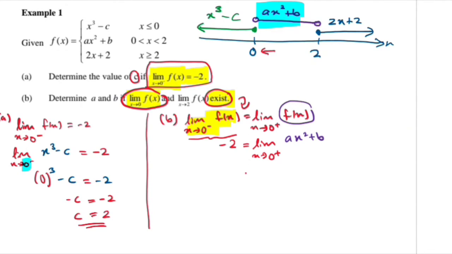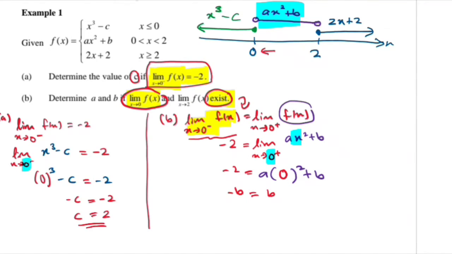And then remember, the next step is to substitute your value of x, which is 0, into the x. Whenever you substitute your value of x, the lim word goes. Write down 0 here. a times 0 is just 0, plus b.